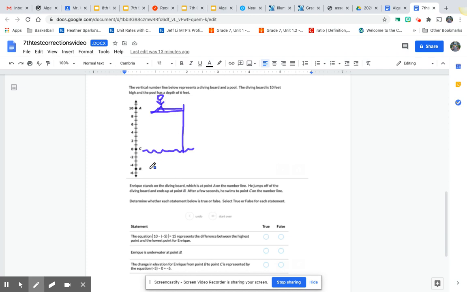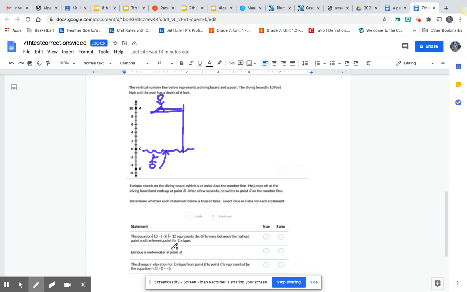He's going to jump off, and he's going to go all the way to point B. All right, so he doesn't quite make it all the way to the bottom to -6. He gets to point B. Then he swims back up to point C, which is where the surface of the water's at. All right, so let's look at our statements down below.